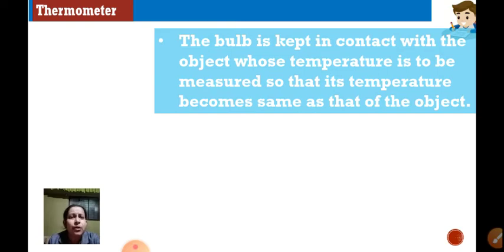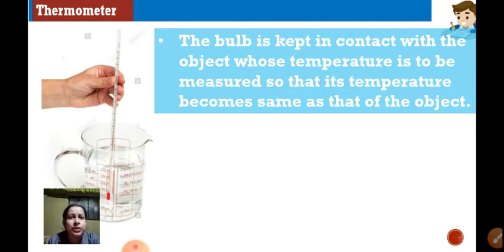Fine. Now, when we have to measure the temperature of anything, the bulb is kept in contact with the object whose temperature is to be measured. Now, how can we measure the temperature? There is a bulb, as I mentioned to you, at one of the ends. That bulb should be immersed or inserted into the object whose temperature we have to check.